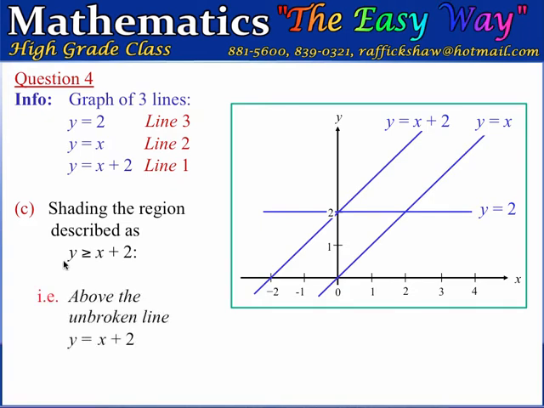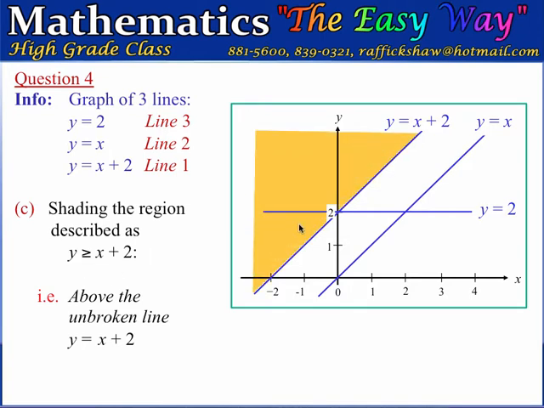This inequality is referring to the region that is above the unbroken line y = x + 2. The line is unbroken in this case because the equal is a part of the inequality, and the greater than means that we want the region above the line. And so we can shade the region above the line y = x + 2 as the representation of this inequality.